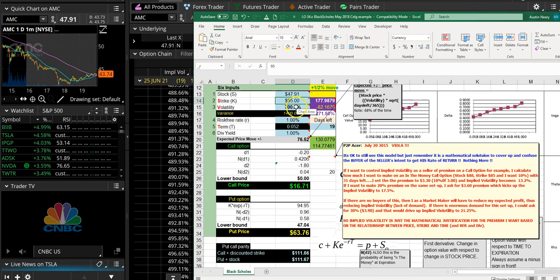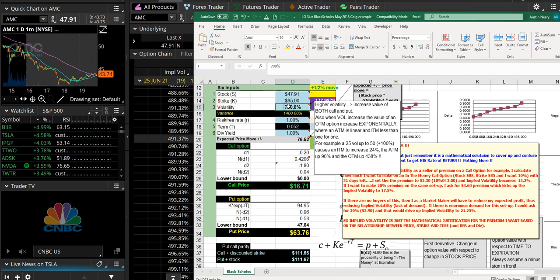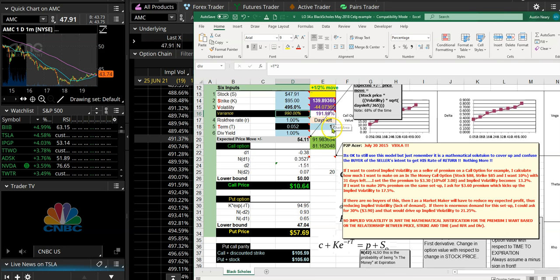All right, we're going to put implied volatility of 495%. We have 19 days left. And we have a strike price of $95. And the risk-free rate of return I have is 1%. I told you it doesn't really matter for this example. Dividend yield of 1%. It doesn't matter for this example.